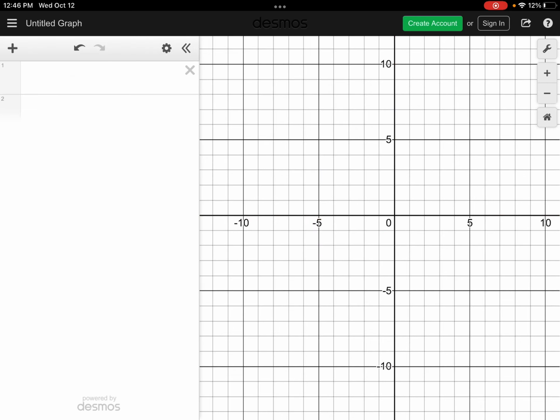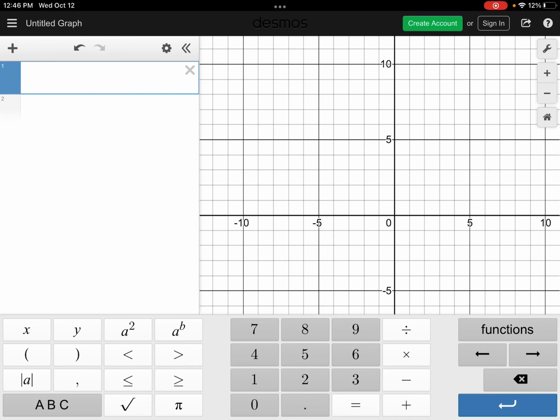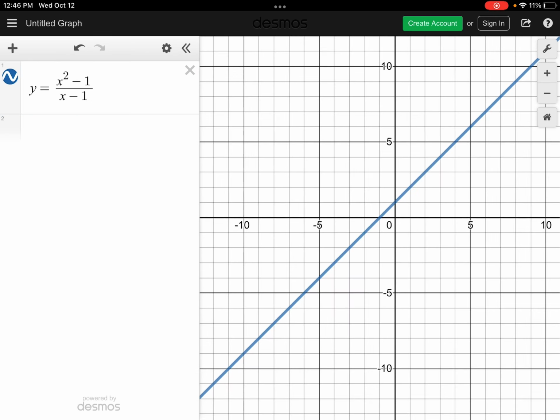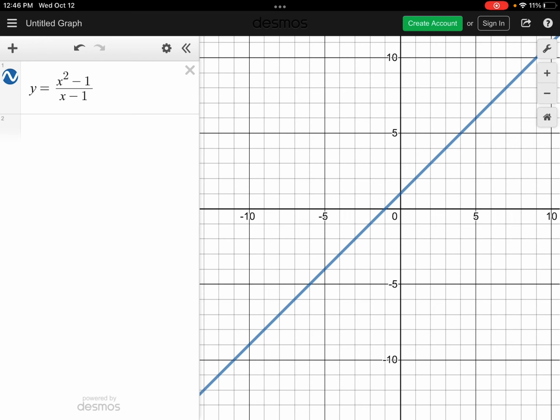Whereas another one that has a point of discontinuity, let's do a divide. Numerator, we want x squared minus 1, and then x minus 1. Sometimes we have to not only use the graph, but use what we know about domain. Because if I just look at this graph here, it looks continuous, right?